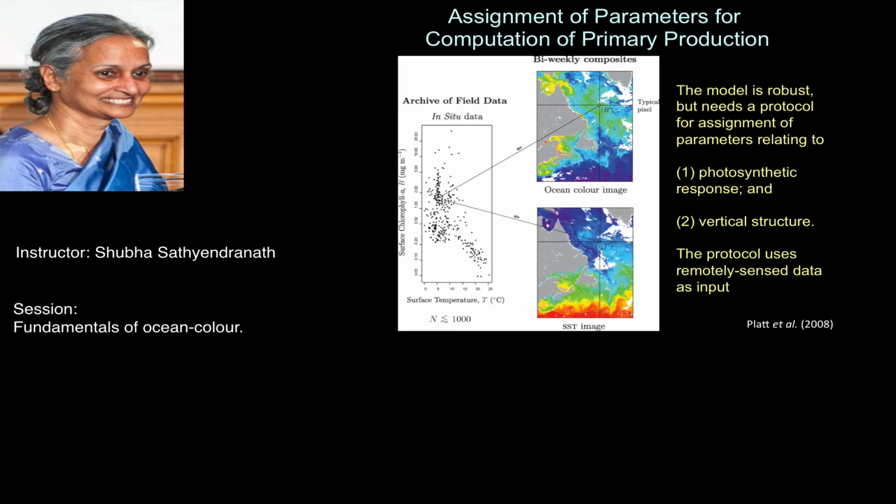So you can think of this kind of an assignment as a static assignment. And more recently, we have looked at how we might be able to assign parameters in a more dynamic fashion, accounting for how the oceans might be changing even within a province.